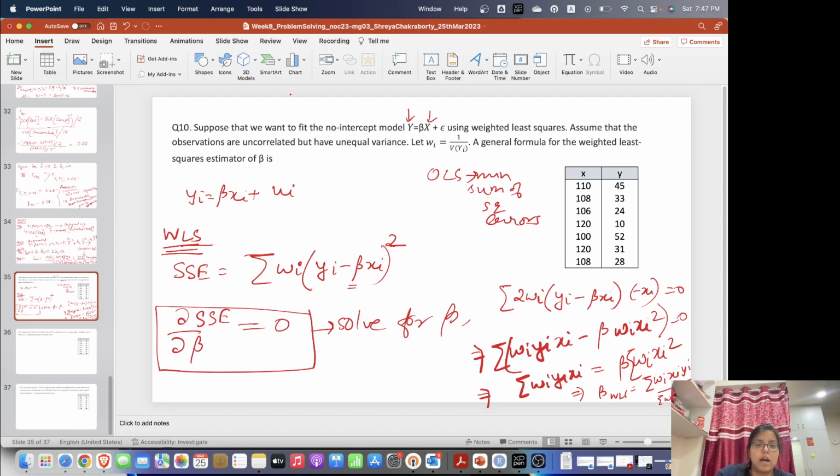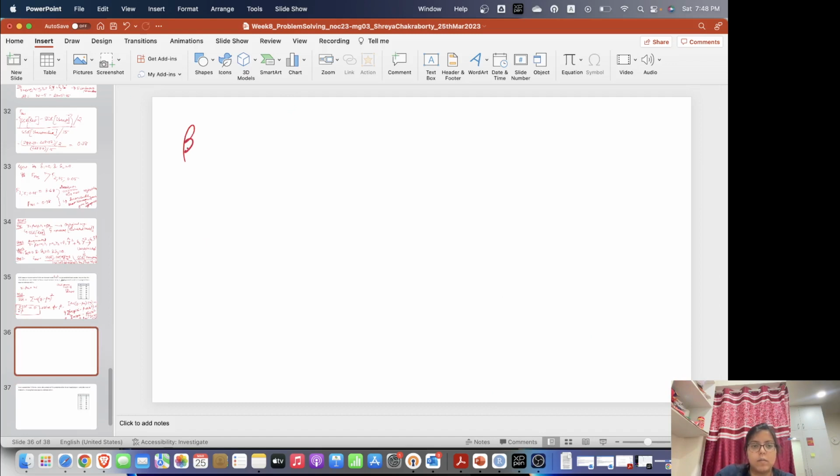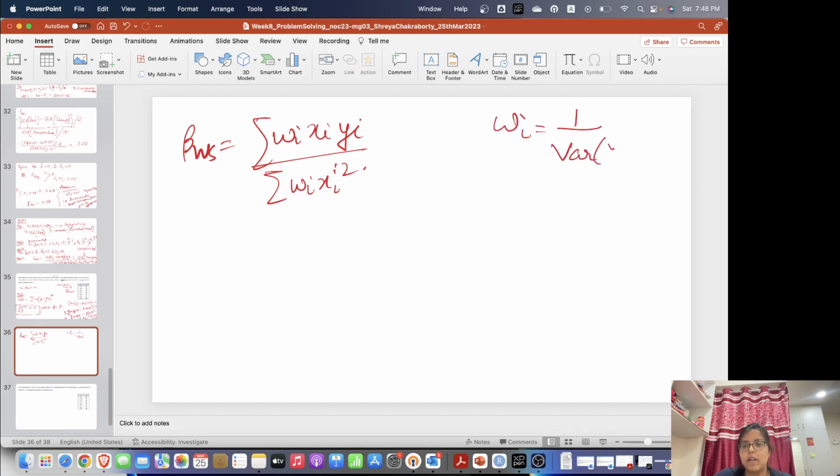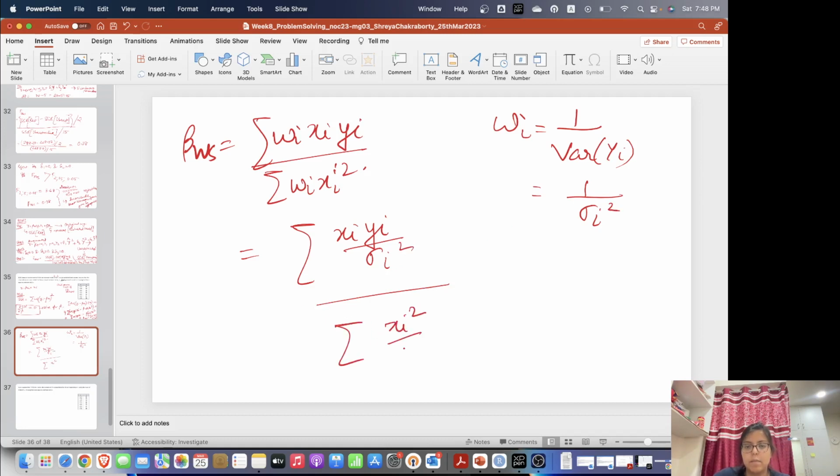Now, summation wi xi yi by summation wi xi square. It has been given that wi is 1 by variance of yi, or in other words 1 by sigma i square. So the general formula becomes summation xi yi by sigma i square, divided by summation xi square by sigma i square.